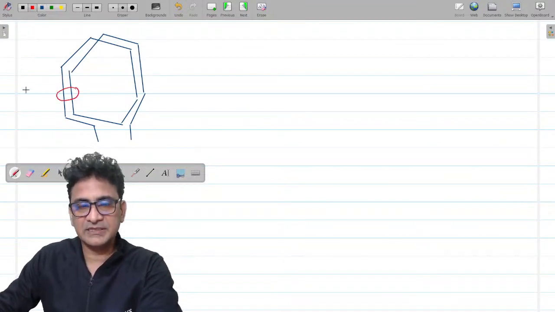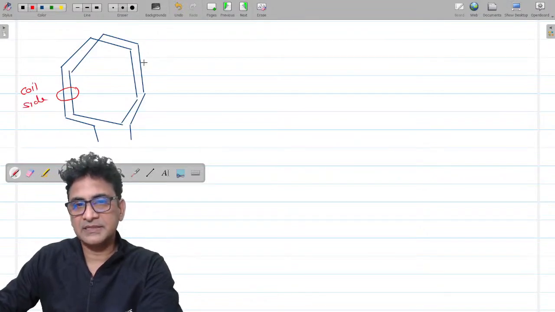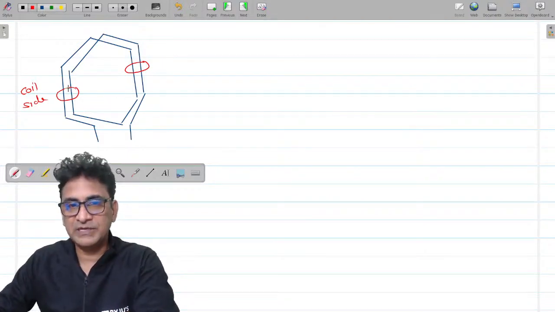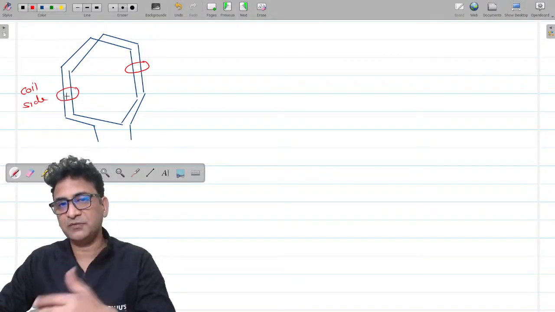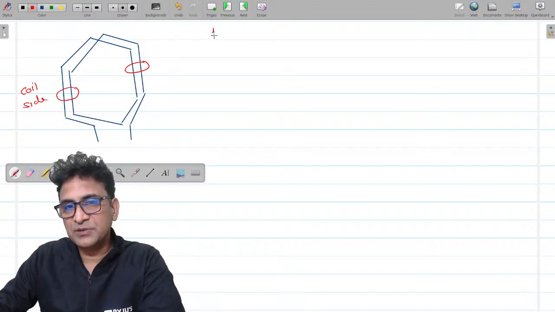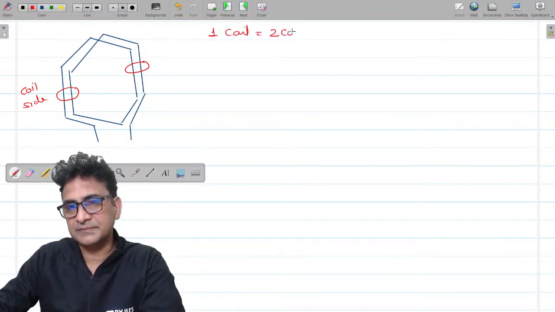This is one side, called the coil side, and this is the other coil side. Every coil has 2 coil sides. One is placed under the influence of one pole, and the second is placed under the influence of another pole.